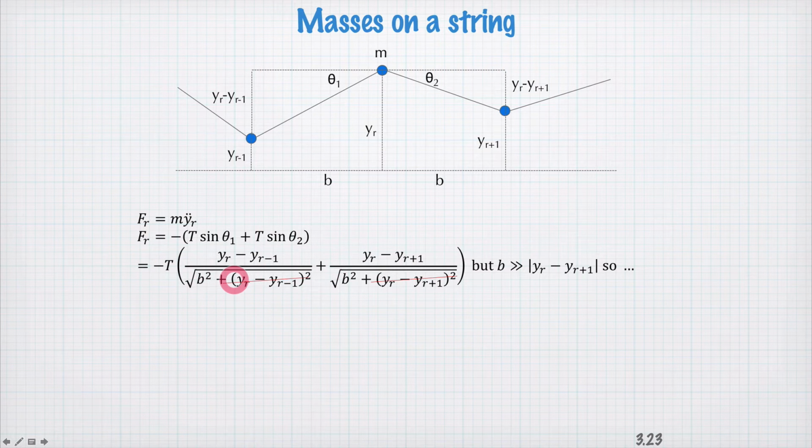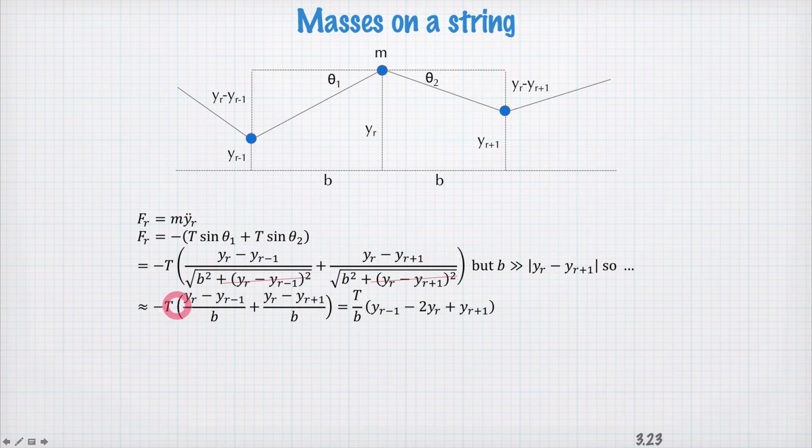So we can rewrite this equation as approximately equal to, in this regime, taking out a factor of the tension, the difference in height divided by b, and another difference in height divided by b, taking out a factor of b. We have tension divided by b multiplied by this combination of heights, y_(r-1), y_r, and y_(r+1). So that gives us this equation here, that mass times acceleration, y double dot r, is equal to all of this.